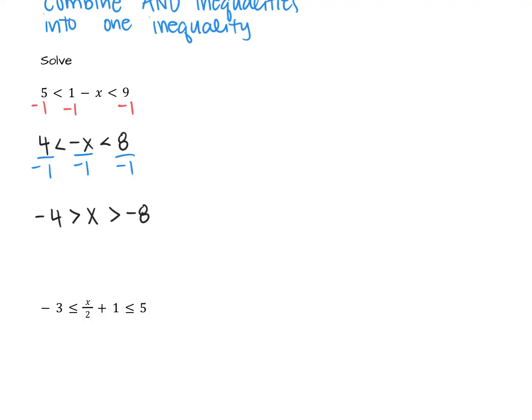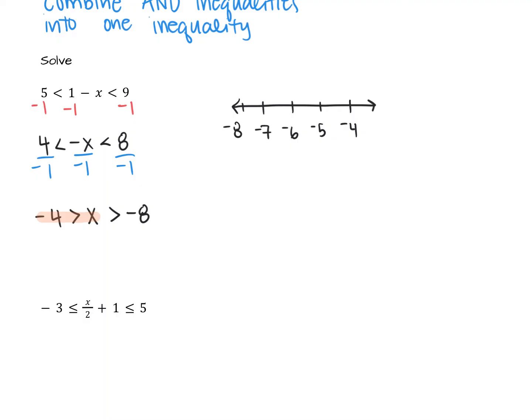Now it comes to how do I plot this on a number line? Okay. So you always read your inequalities left to right. So the first way I'm going to read this is x is less than negative 4. So I need to do everything less than negative 4. So I'm going to start negative 4, negative 5, negative 6, negative 7, negative 8.